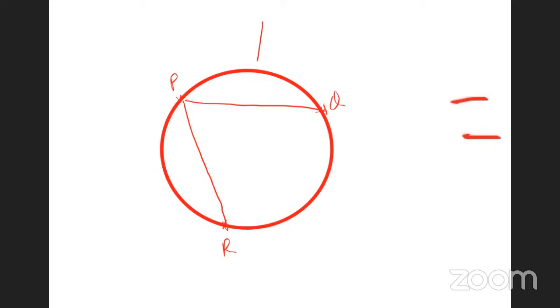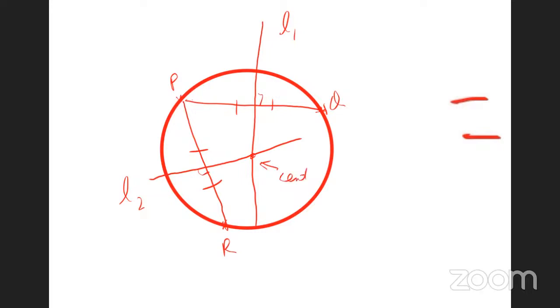So they found the perpendicular bisector here, and they found the perpendicular bisector here. My diagram is not drawn to scale. And then they solve those 2 equations. Let's call them L1 and L2. They solve those 2 equations simultaneously. And where they meet is the center.